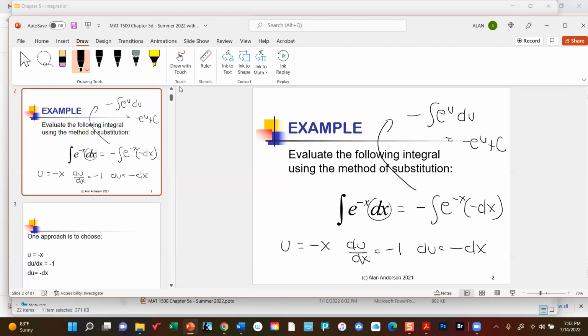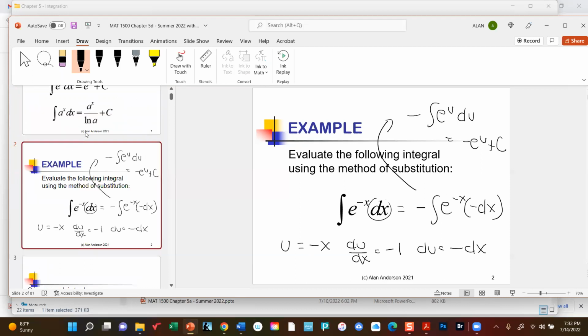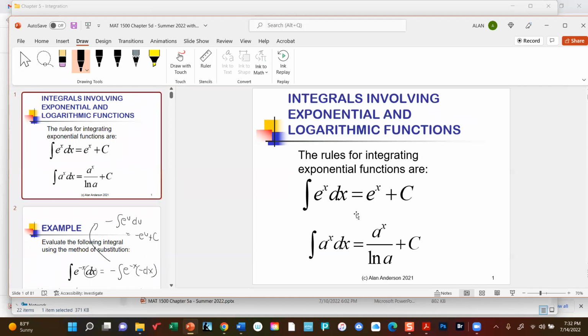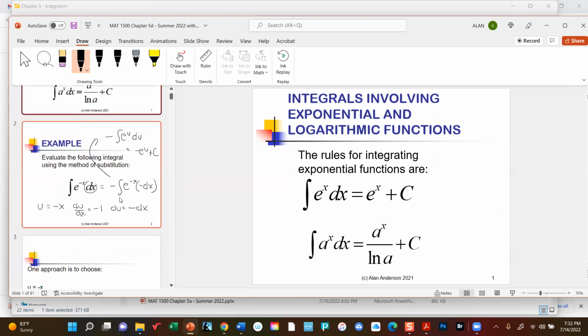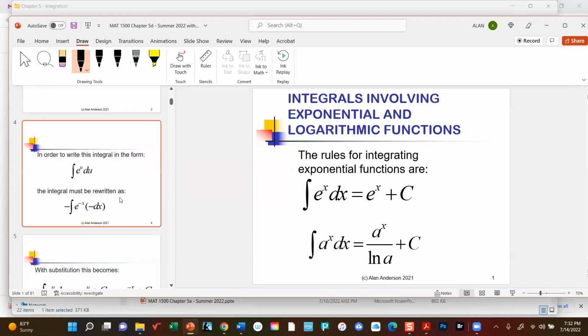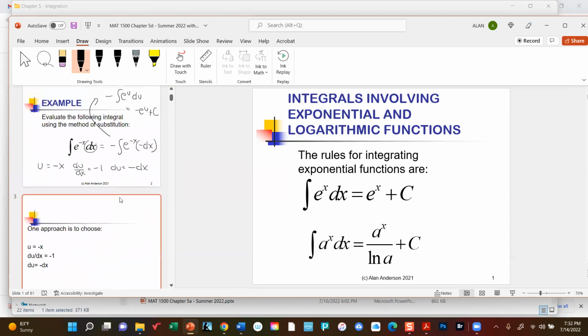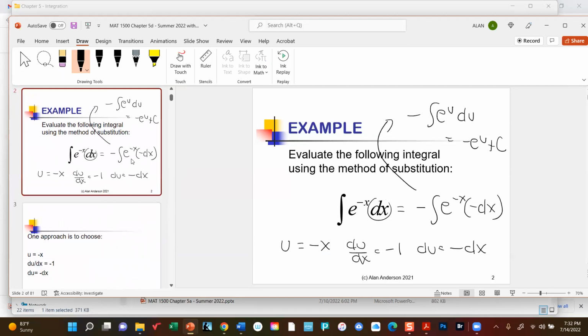And that turns into, as we saw a few seconds ago, simply e to the u. And then, of course, we have to go back and replace the u with negative x. And that's it. We're done.